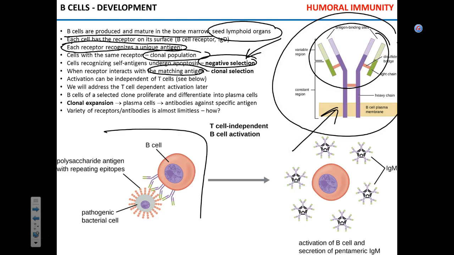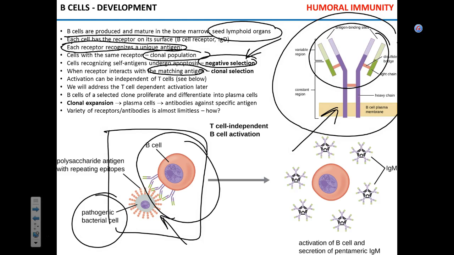This is shown here. This is the bacterial cell. This is a B cell, and those are B cell receptors. Does that make sense?